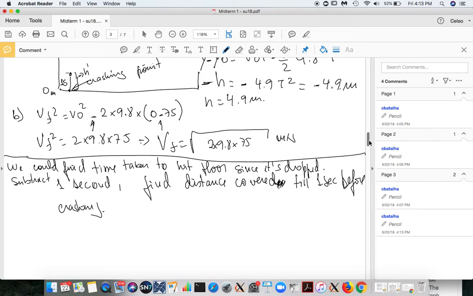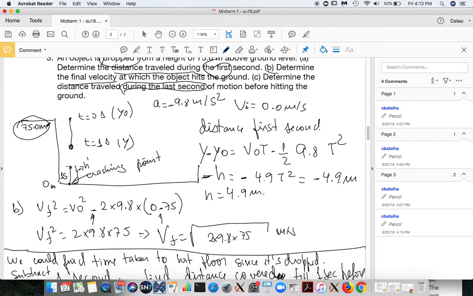So if you look at my sketch here, we know the whole thing here is 75. If we find the total time taken all the way down, and we subtract 1 second, total minus 1 second is the time it took all the way to reach this point, right?